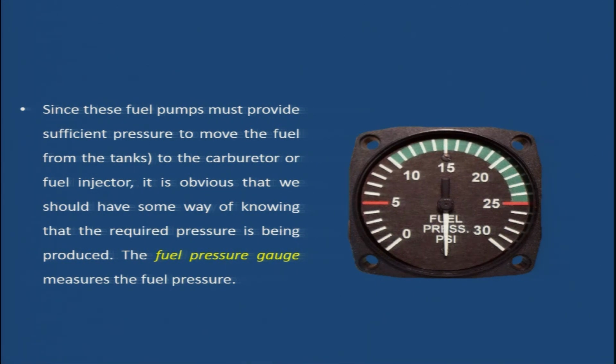Now, since the fuel is flowing, the fuel also has pressure, so we need to measure the fuel pressure. There is a gauge through which we can measure it. You can see in the figure a fuel pressure gauge. Since these fuel pumps must provide sufficient pressure to move the fuel from the tanks to the carburetor or fuel injector, we should have some way of knowing that the required pressure is being produced.